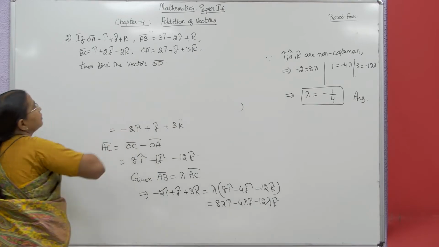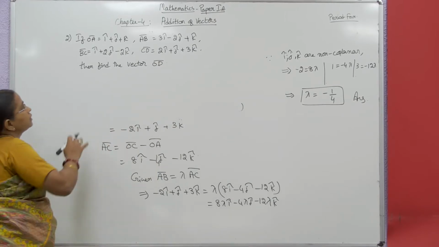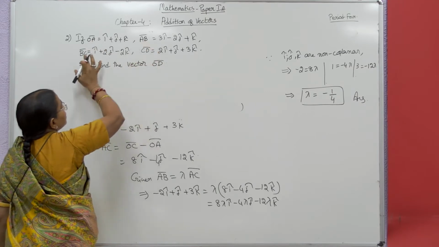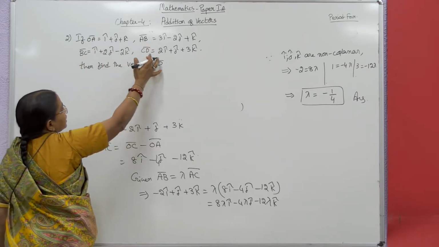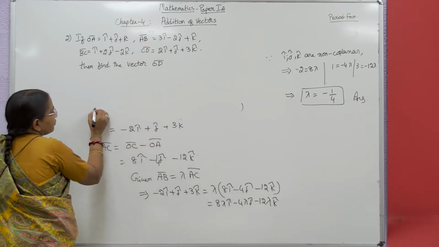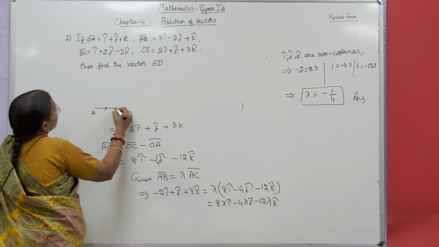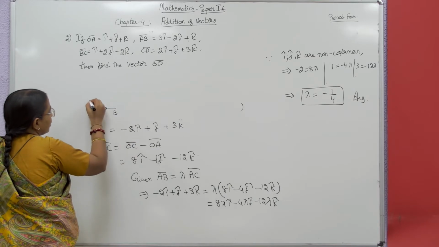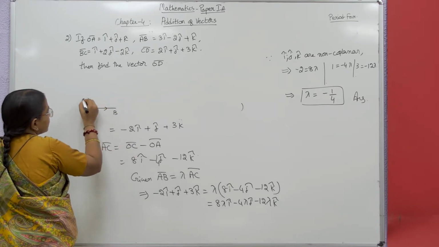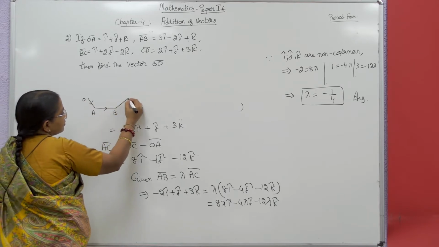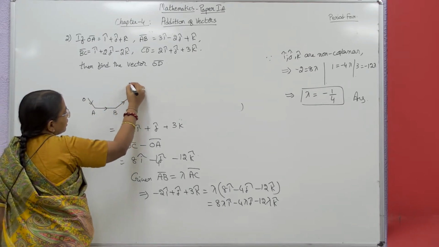Now, if you observe the given vectors, you are given OA, OA continuation AB, AB continuation BC, BC then CD, like that. So when you draw the figure, suppose that I am taking this as O. So OA, next AB, next BC, next you are given CD.